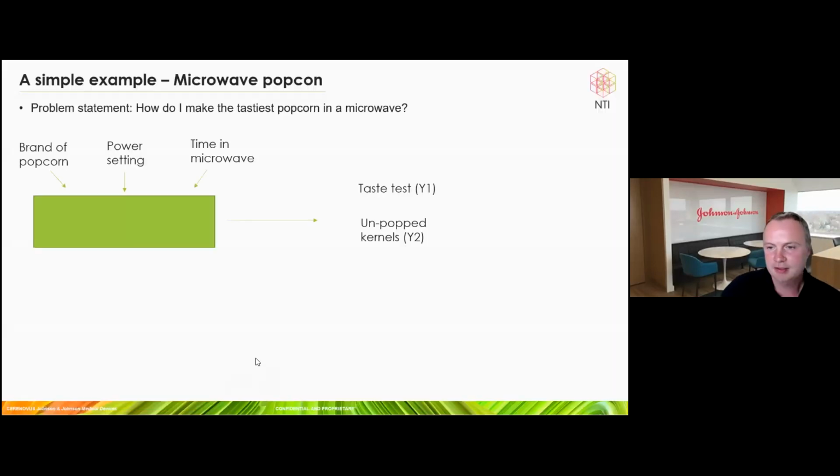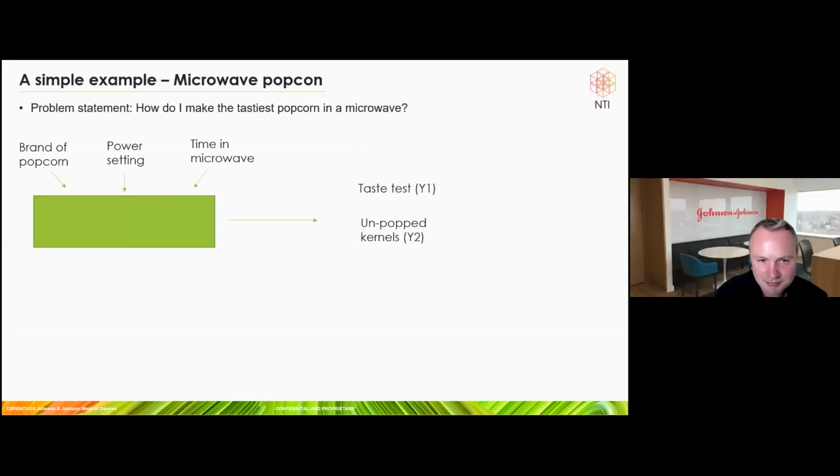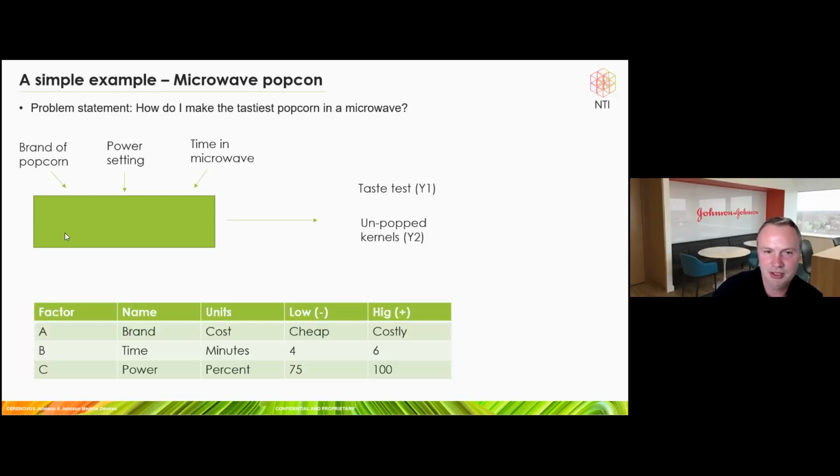Okay. So this is an example, right? We have a situation where somebody wants to create the tastiest popcorn, and the factors available to look at are the brand of the popcorn, which they vary between a cheap brand and a costly brand, the power setting in the microwave, and the time in the microwave.